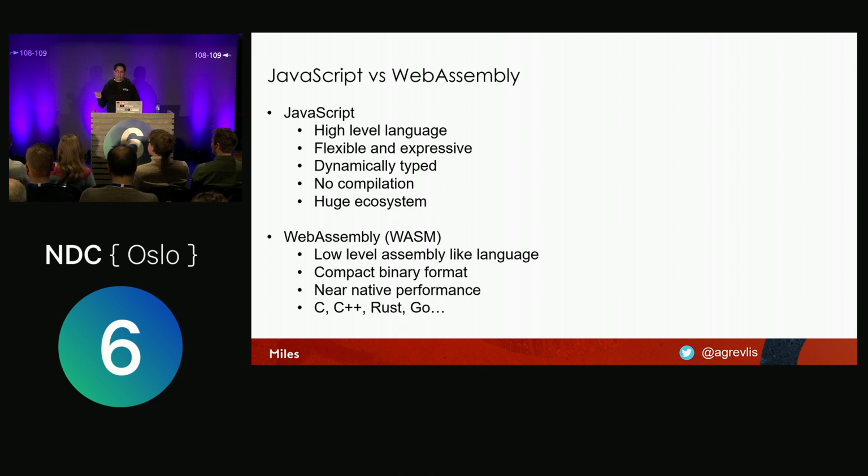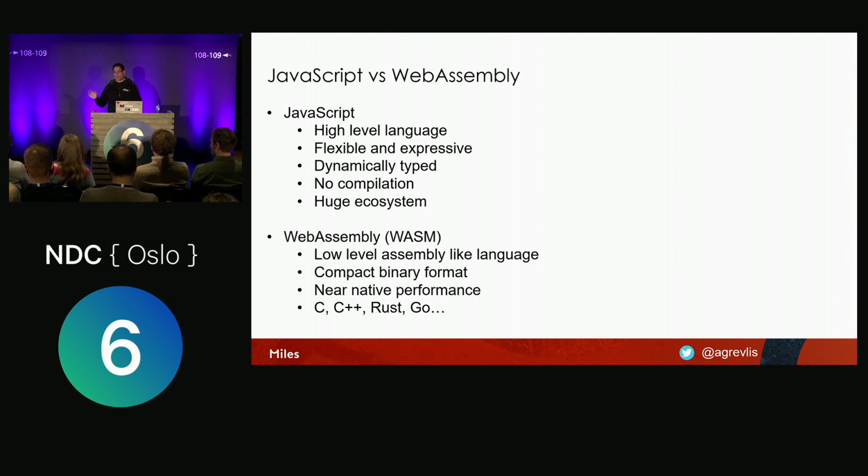And it has a compact binary format. And what it does is it promises us near-native performance. That's sort of one of the main benefits why you should be considering WebAssembly, if you want to have something where you need to have your calculations running very fast. Like it could be a graphical engine, or it could be mathematical calculations or something like that.